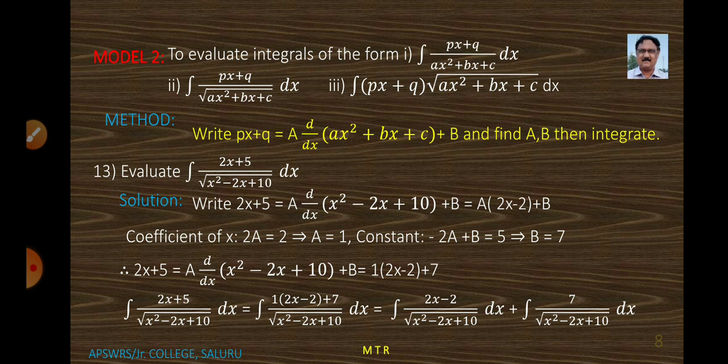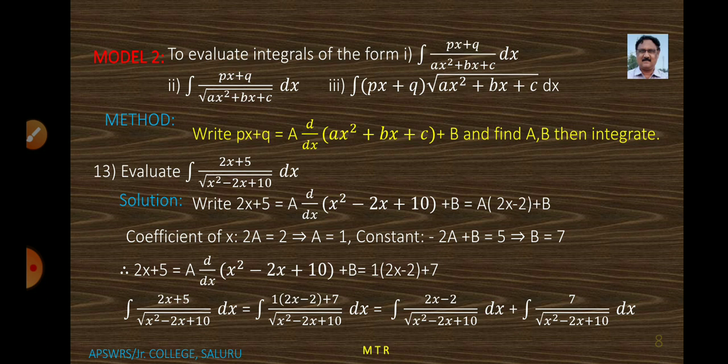But what is the main difference between model 1 and model 2? In model 1 there is no px plus q, but in model 2 there is px plus q. That is the main difference: a first degree term and a second degree quadratic expression, under a square root or not.